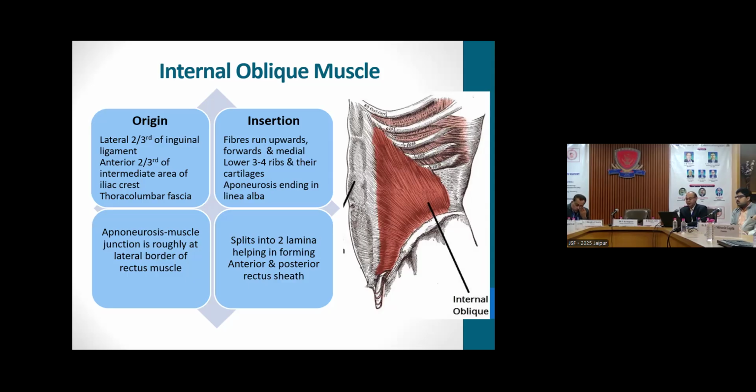The aponeurosis of the internal oblique splits into an anterior and a posterior layer. The anterior layer fuses with the aponeurosis of the external oblique, whereas the posterior layer fuses with the aponeurosis of the transverse abdominis and forms the rectus sheath, already discussed by Dr. Jaya. The aponeurosis-muscle junction is roughly at the lateral border of the rectus muscle.